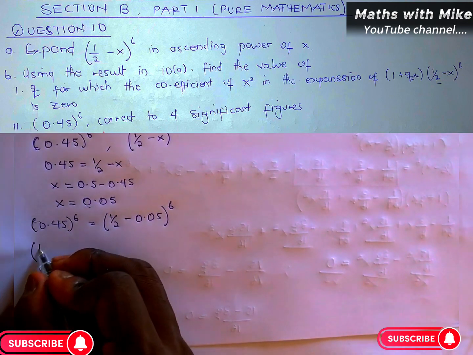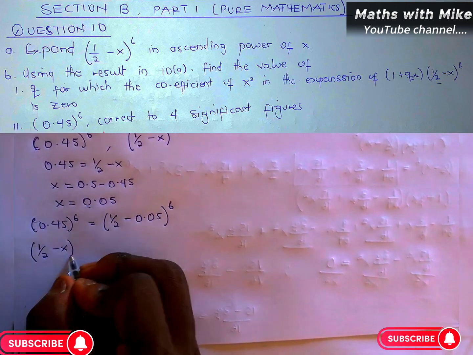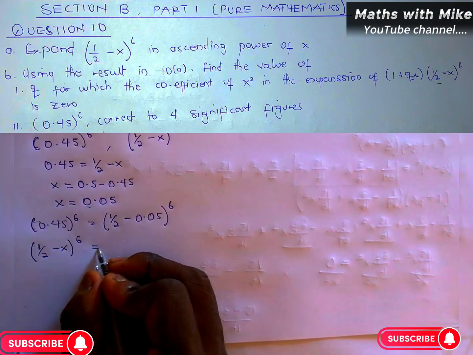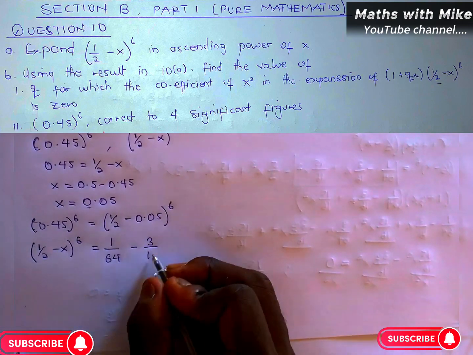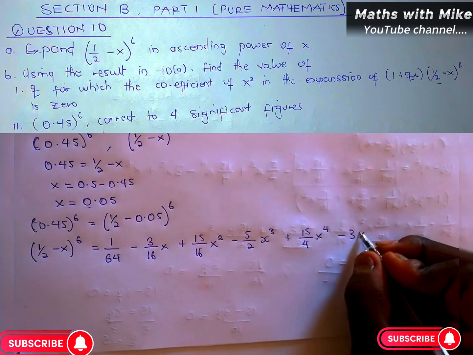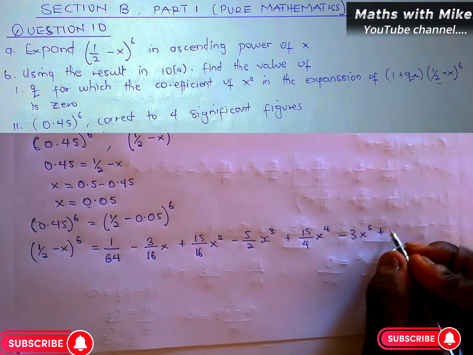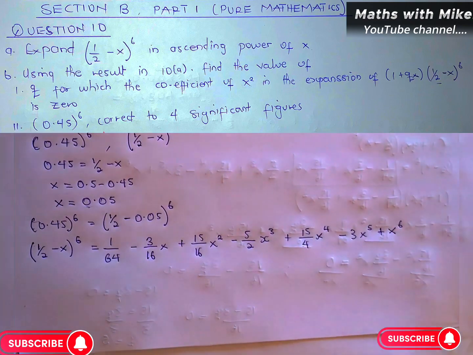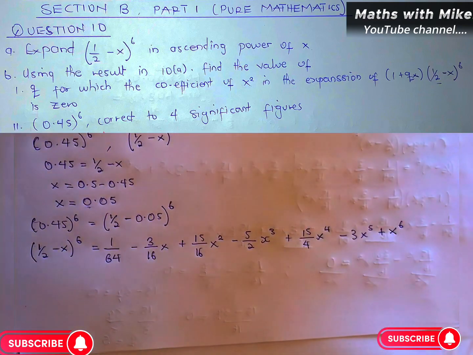Now from part A, 1 over 2 minus x exponent 6 gives us 1 over 64 minus 3 over 16 x and so on, up to minus 3 x exponent 5 plus x exponent 6. Okay. So from here, wherever we see x, we substitute 0.05.